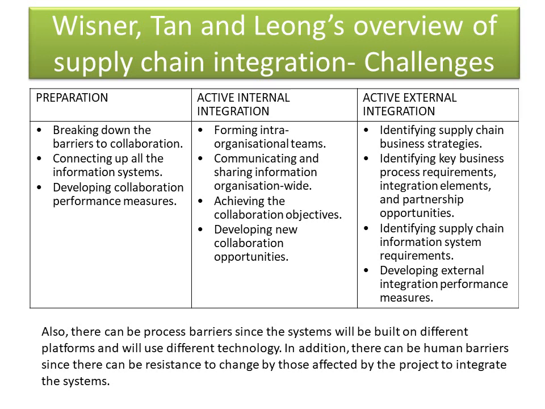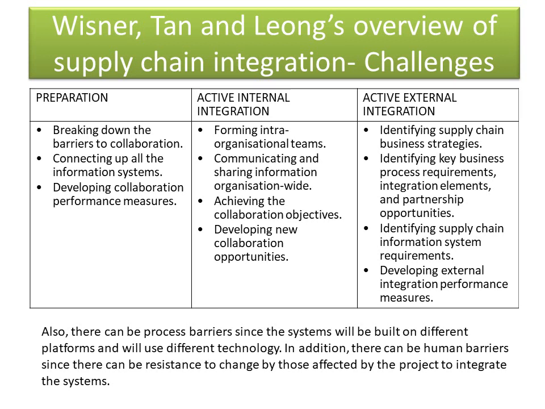So how do we integrate supply chains? What are the challenges? Well, the key theory for your revision is Wisner, Tang and Liang, and they say the main challenges are about preparing, breaking down barriers, connecting up the systems, developing collaboration measures.